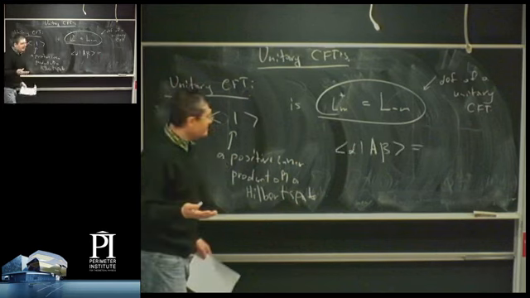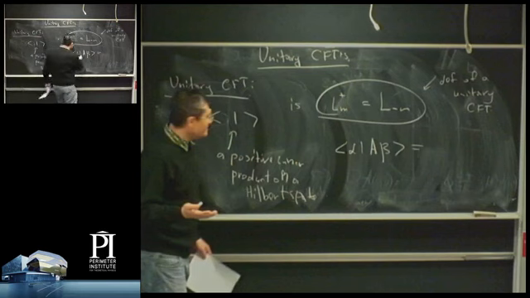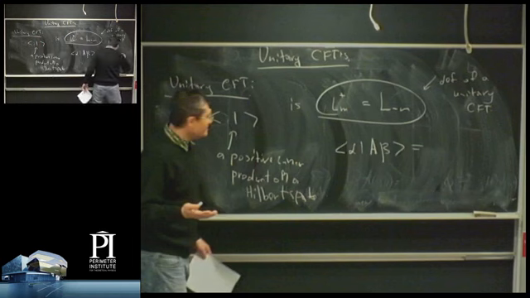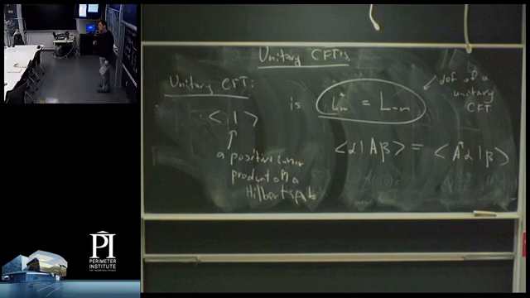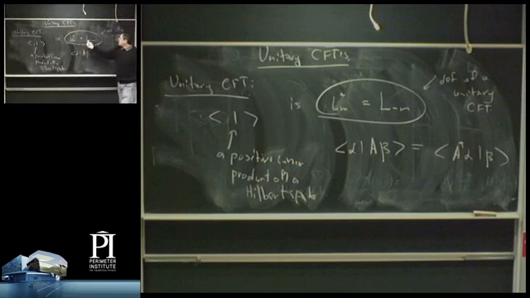If I have an inner product that satisfies all the necessary axioms, this is the same as the adjoint of A acting on alpha, with beta. Okay? So the inner product itself tells you what the adjoint is.